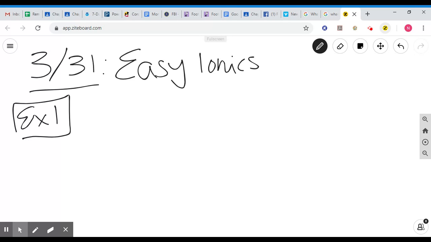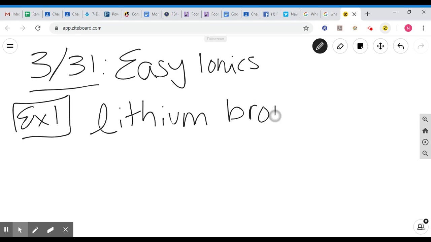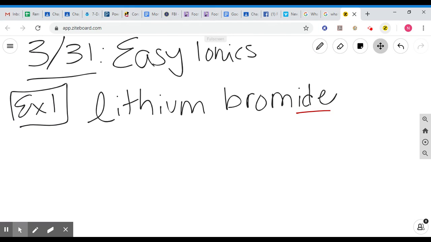So our first example is lithium. Let's do lithium bromide. All right. So some things you might notice with this, with lithium bromide, is the ending has changed from bromine to bromide. So when I give you the example, the first thing you're going to do is write the symbol.